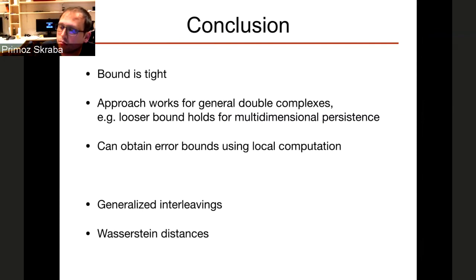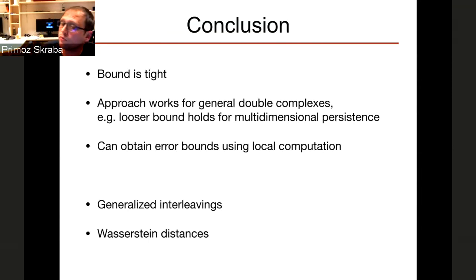Another thing I want to mention is that one of the original motivations I had was to consider the situation where I have a very big complex and I cover it with coarse cover elements. I can't compute the entire persistence, but I compute the persistence of the nerve. If each of these pieces is small enough that I can compute on, I can actually obtain error bounds.